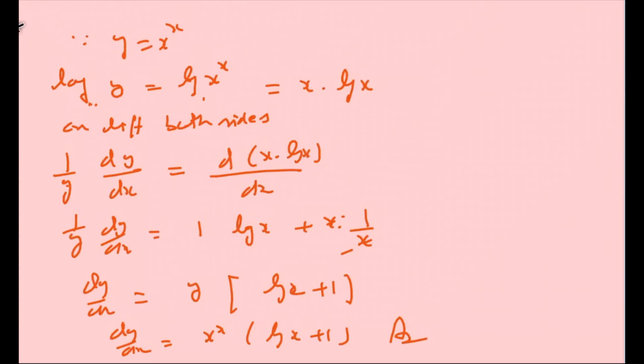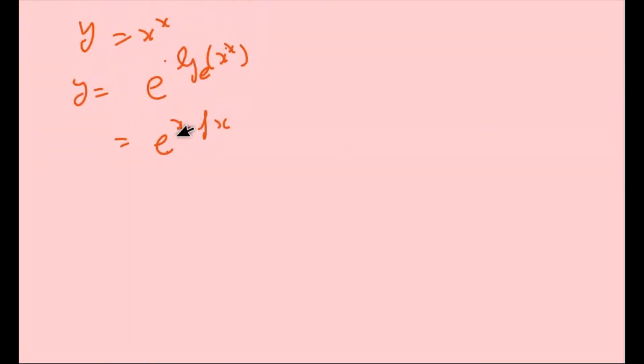Now the second method: y equal to x to the power x. We can write this using the formula as e to the power log of x to the power x. Now log of x to the power x, we can take x in front, so e to the power x into log x. Now e to the power t is a composite function, so the derivative of e to the power t is e to the power t, and then we differentiate x log x.